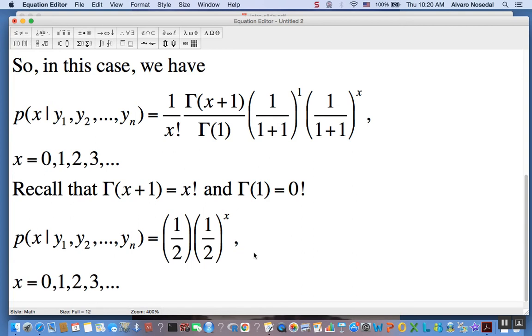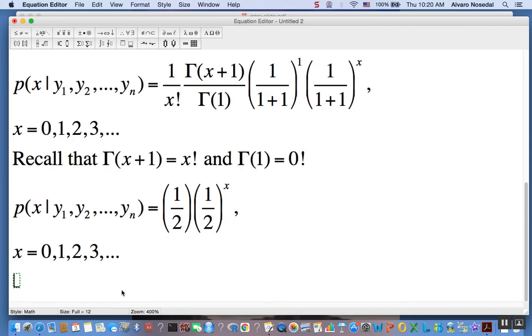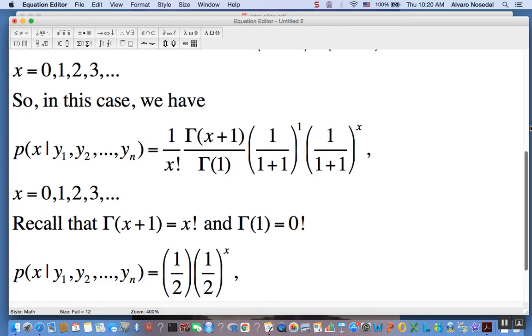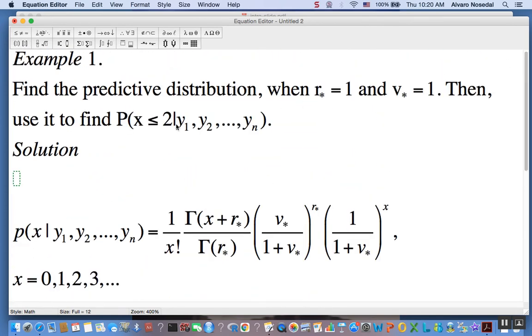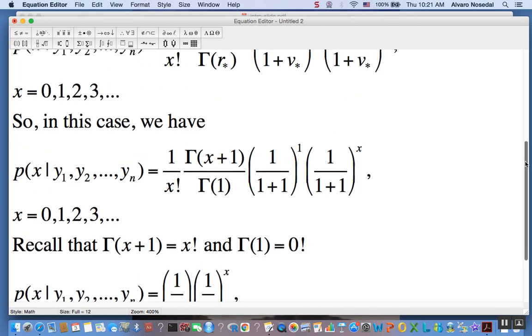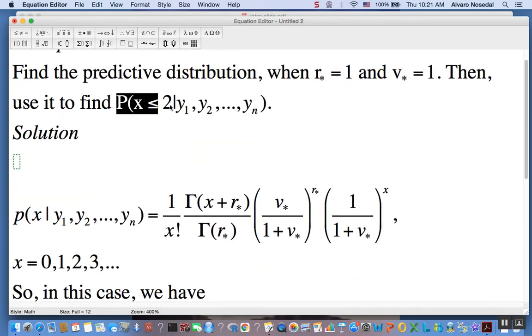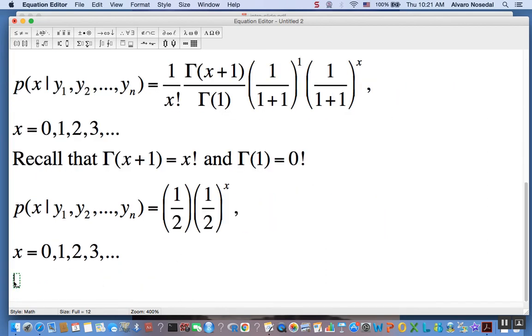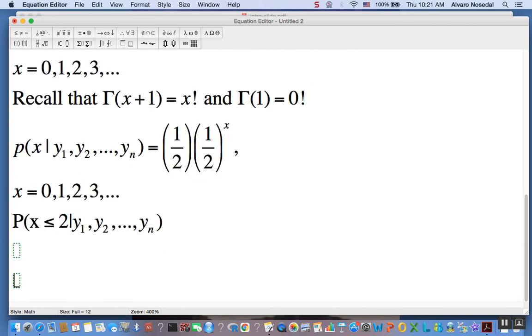Okay, so now let's find that probability that we want. What we want is the probability that that future observation is less than or equal to 2, right? So what we have to do is use that expression and evaluate it at 0, 1, and 2.